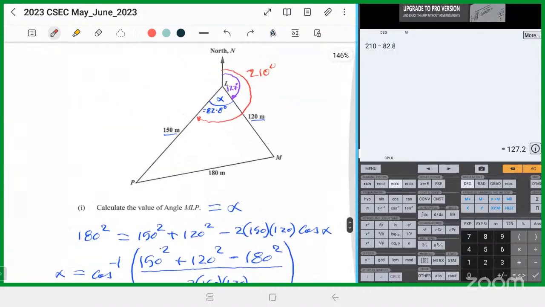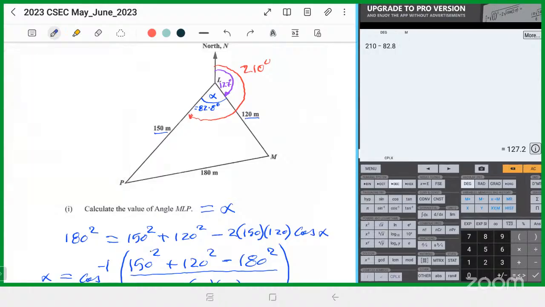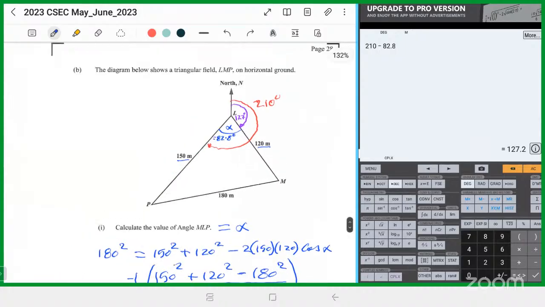So let's call that angle something else. Let's leave it in blue. NLP, that's here. The N is up here, the L is here, and the P is here.